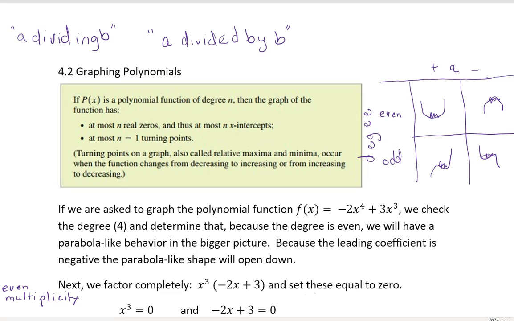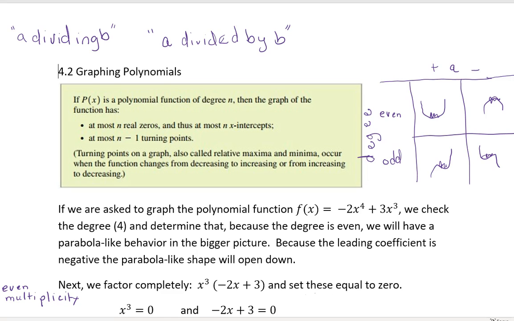All right. So here I have these little squiggles in the middle. That means there's other stuff happening, but the big picture, the overall picture, is going to be like a parabola, either facing up or down, depending on whether A is positive or negative. And then when we have an odd degree, if our A is positive, we come up, and there's stuff that happens in the middle, and then it continues to go up.